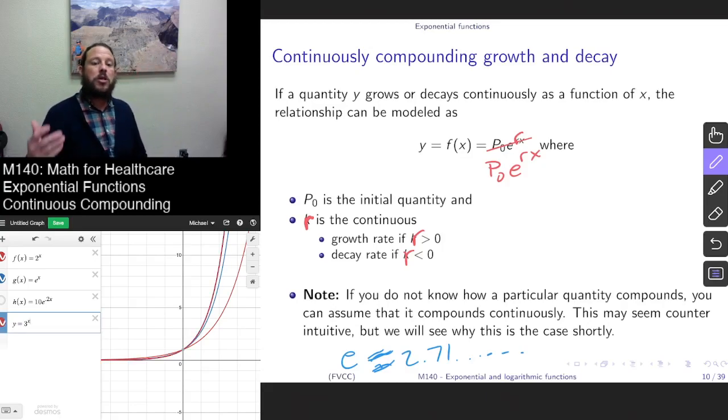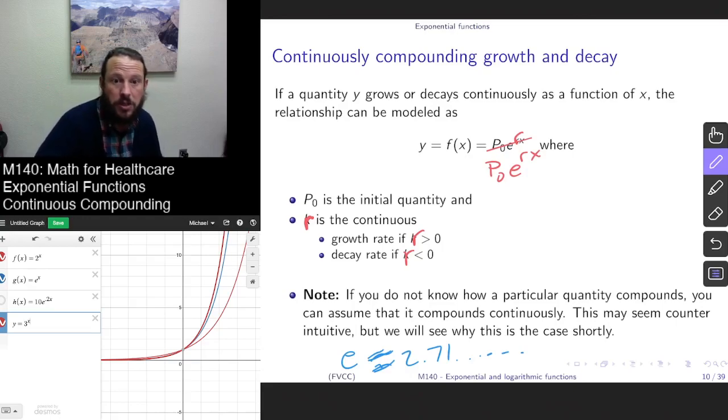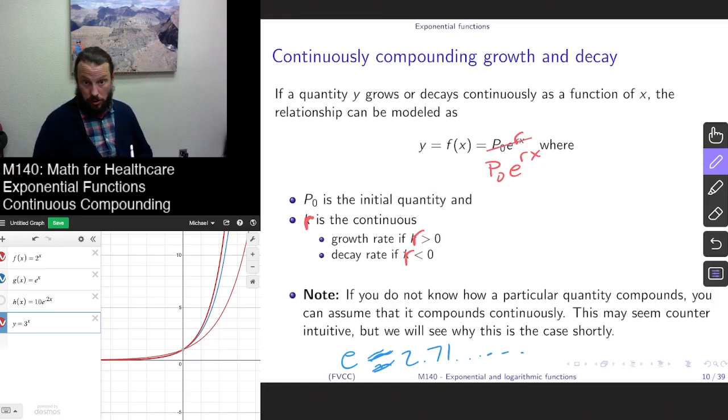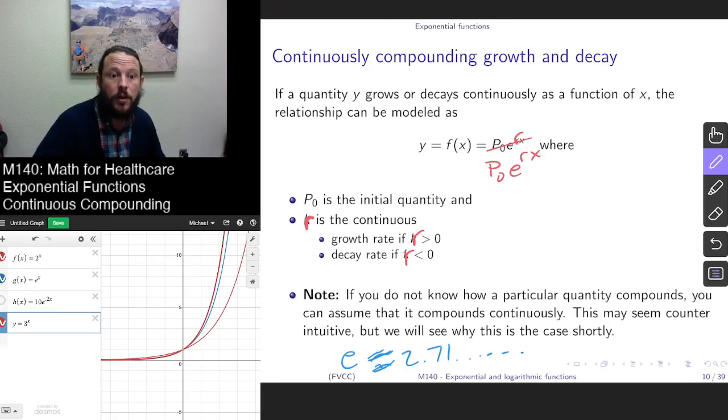Now that number is very special. For technical reasons, we put e as the base, and it's the way we write continuous exponential growth or decay. So r is the continuous growth rate if r is greater than 0, and it's the continuous decay rate if r is less than 0.